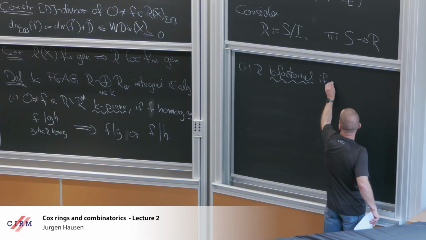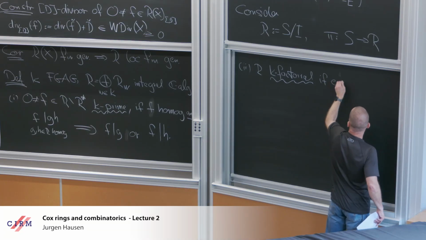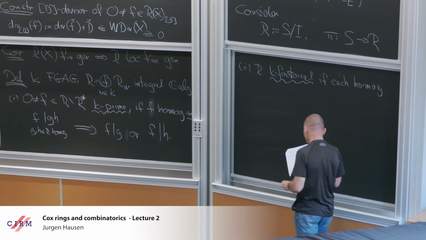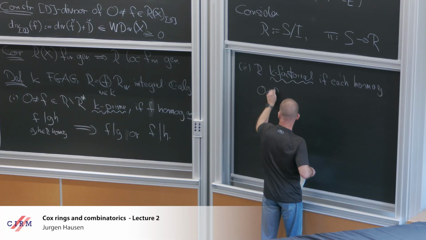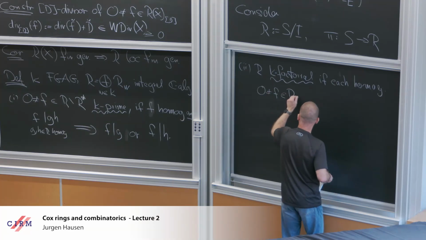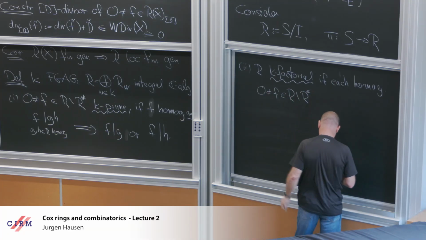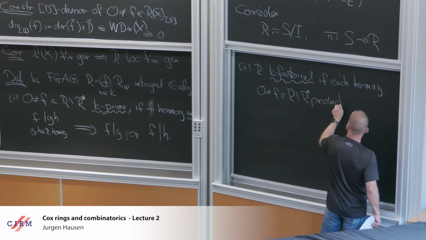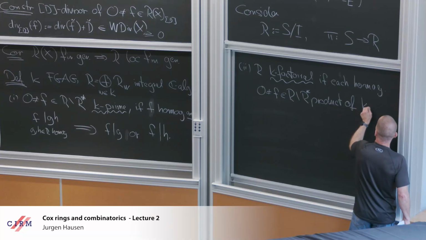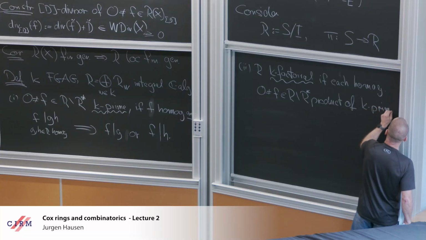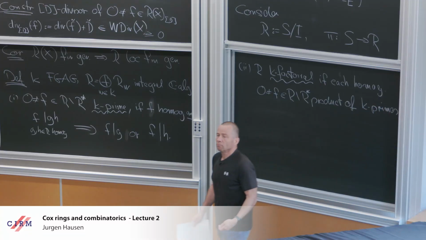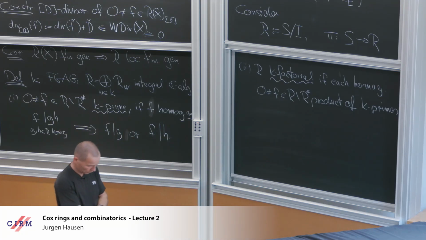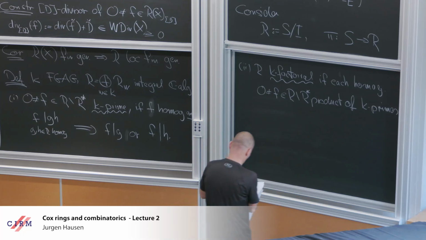If each homogeneous non-zero non-unit is a product of k-primes. One can state this, and one can ask oneself, what does it mean?